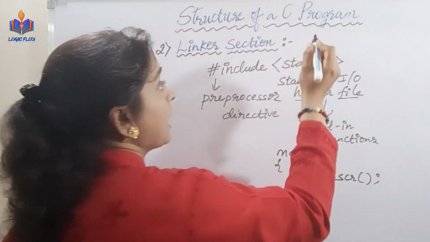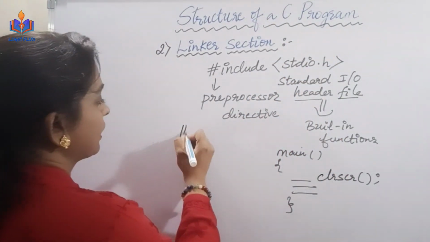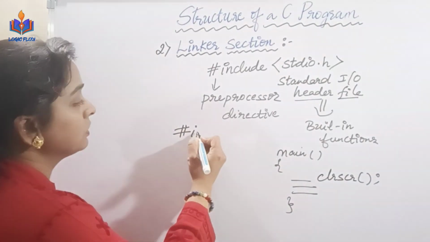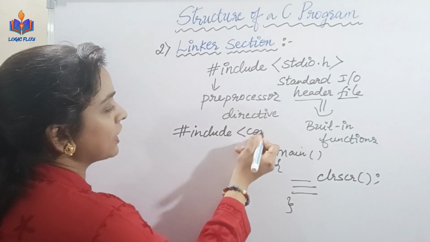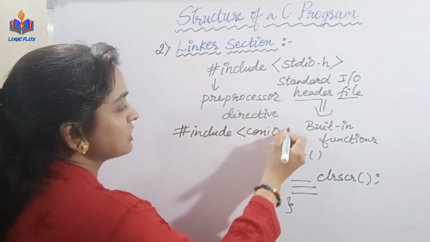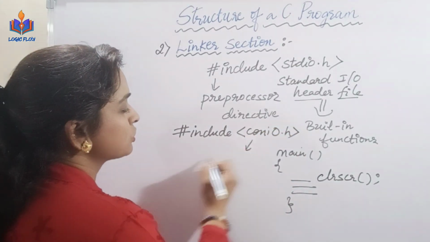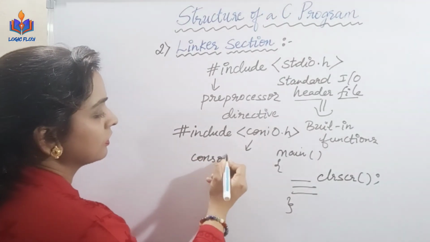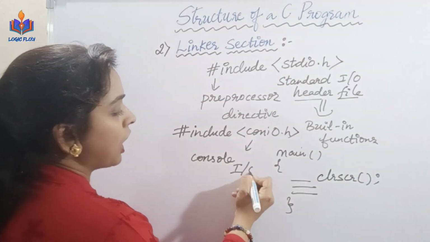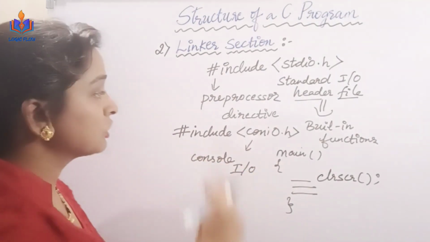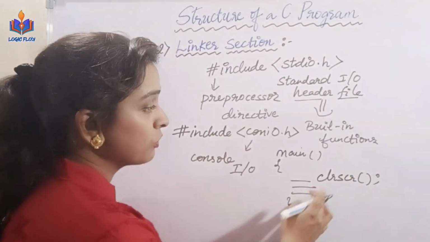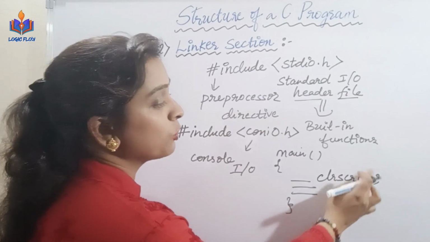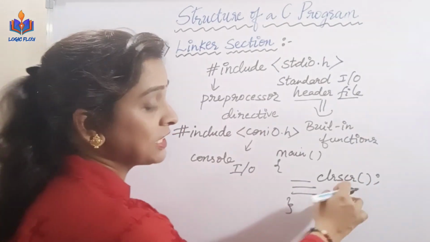Say I say #include conio.h, which stands for console input output header file. This is the header file which gets the definition of this clear screen function. So we have clrscr followed by these parentheses, which we call brackets.